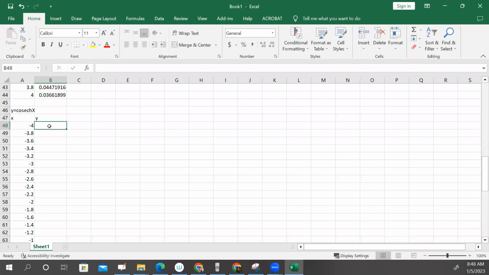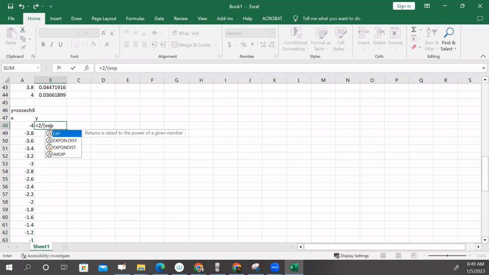So we know cosech x is the reciprocal of sinh x, right? So sinh x is e to the power x minus e to the power minus x, divided by 2, right, guys? So I'm taking the reciprocal of the sinh graph, which should be 2 over. You give a bracket here, the exponential, e to the power x, so my x value is this cell, e to the x minus e to the power minus x, sorry.